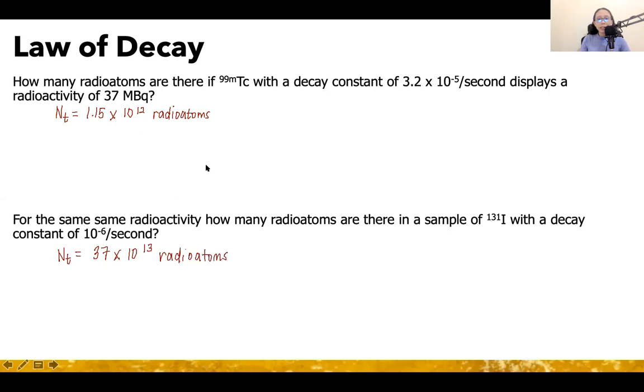So the point here is that for the same amount of radioactivity, you will get a different number of radioatoms as long as they have different decay constants. In these two examples, for 37 megabecquerels, there are approximately 32 times more radioatoms present in a sample of iodine-131 than in a sample of metastable technetium-99.